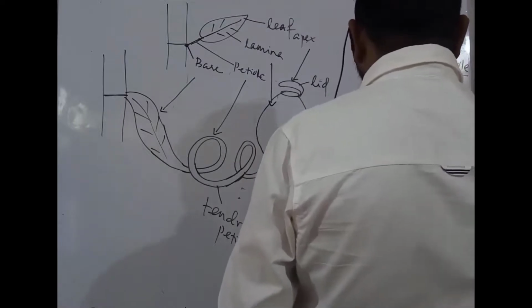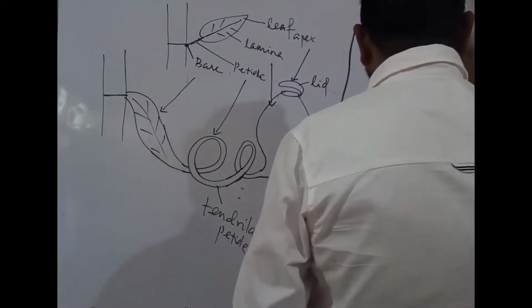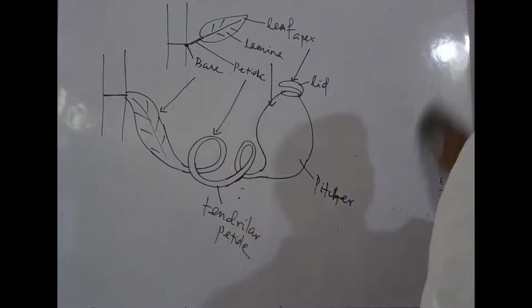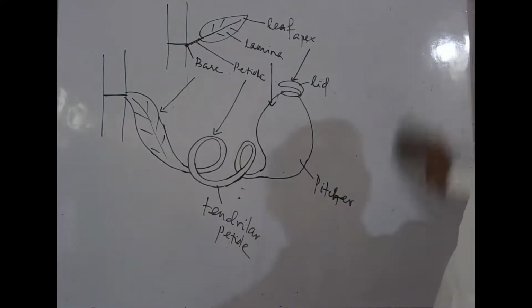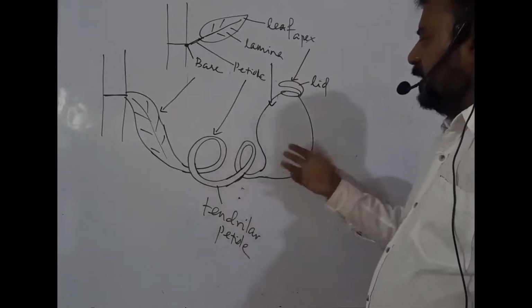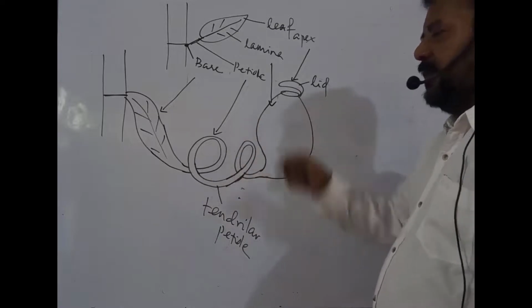So now we are studying the modification of petiole to perform different functions. In case of the tendrilar petiole, it actually keeps the pitcher in the right position. That's why the tendrils are there.